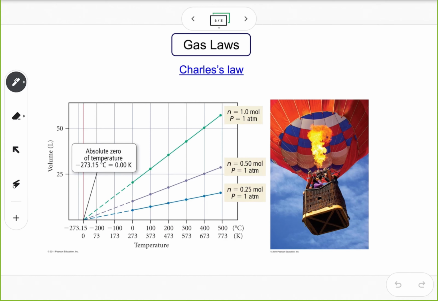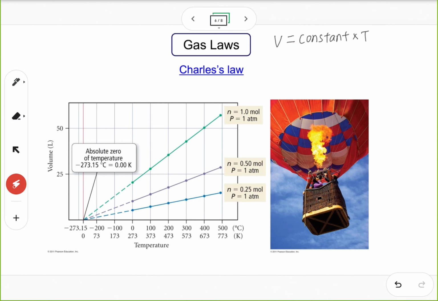Mathematically, how does that look? You would have V equals a constant times the temperature. Right now, we don't need to care too much about what the constant is. When we talk about the ideal gas law, we'll talk about some constants that are important for us.